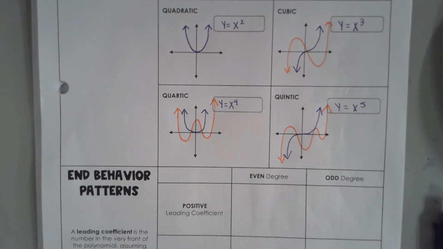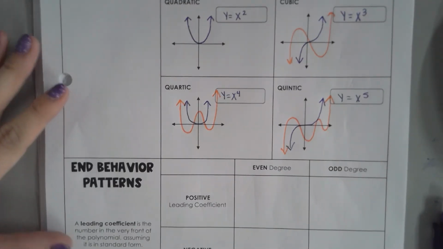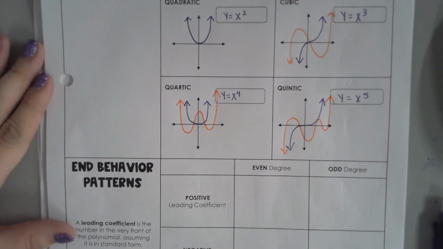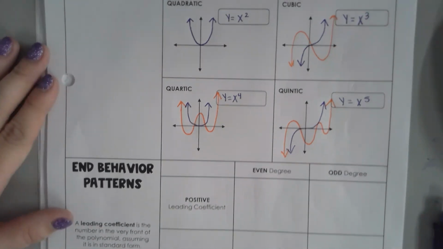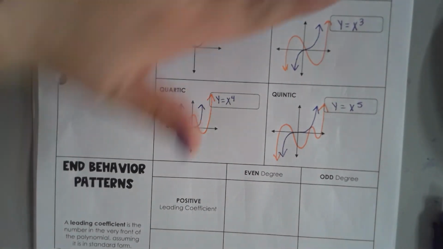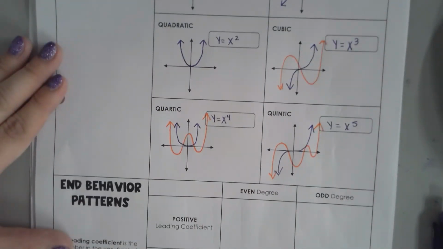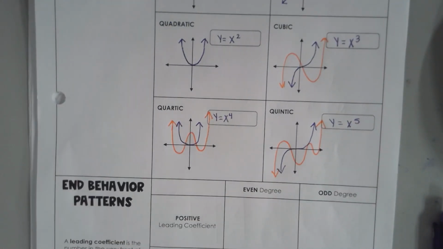What we're going to focus on today is what we call the end behavior. If I ignore those top two and we just look at those four, on the left side, notice how the exponents are even numbers, and on the right side, those exponents are odd numbers.